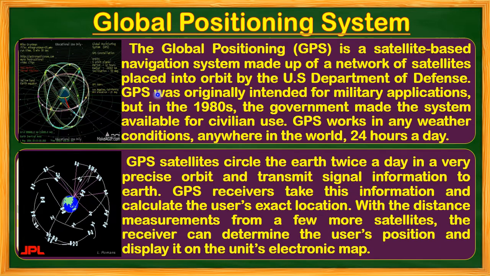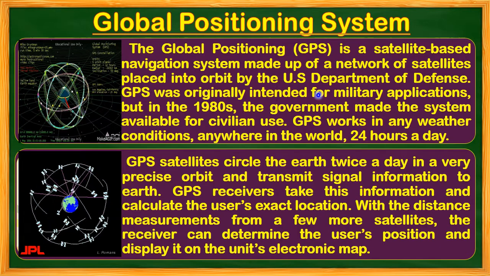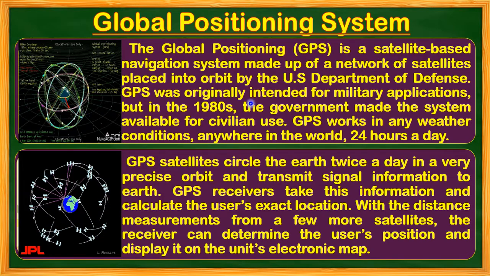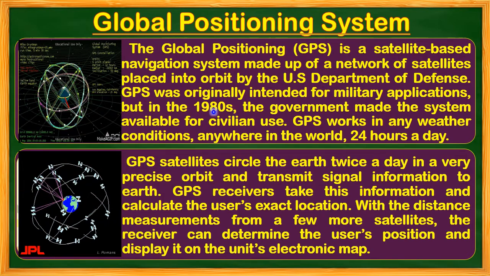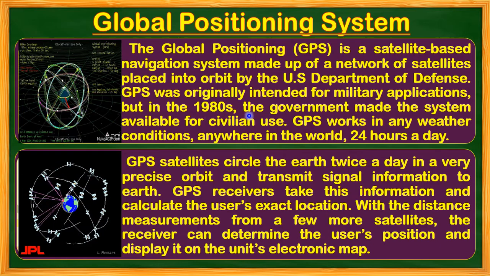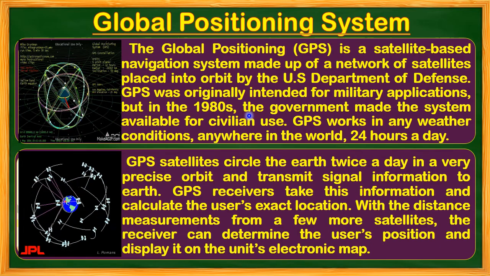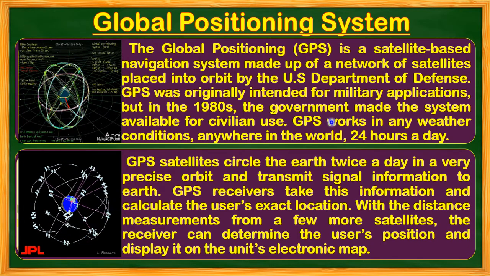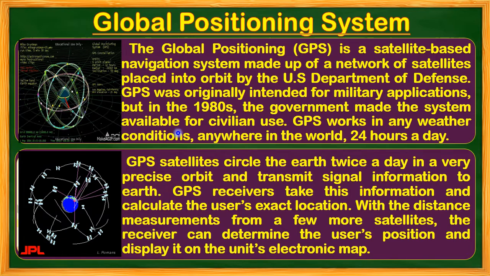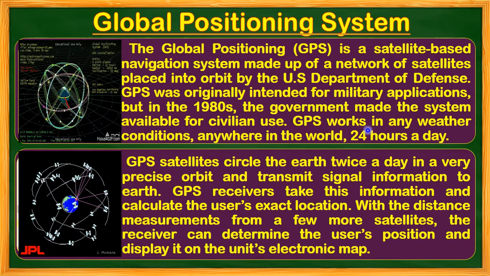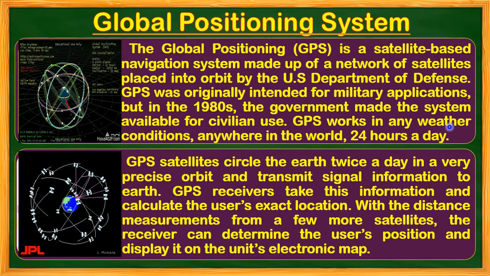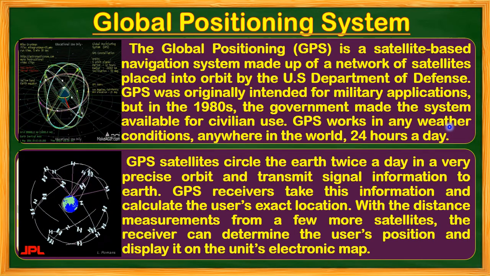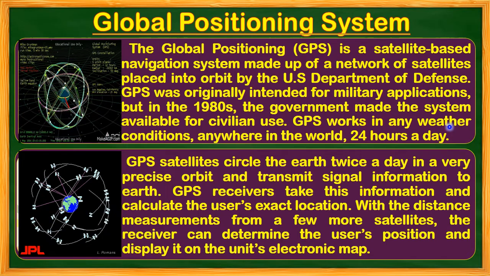GPS was originally intended for military applications, but in the 1980s, the government made the system available for civilian use. When we say civilian use, all people can use it, not only the people working in the government. GPS works in any weather conditions, anywhere in the world, 24 hours a day. GPS is used as a device for locating a certain position or place.